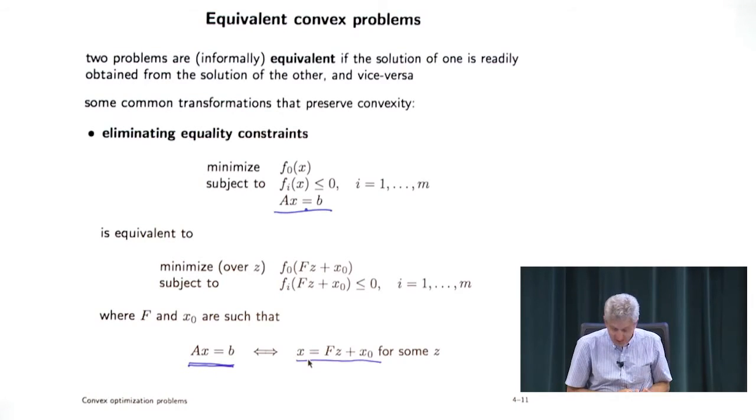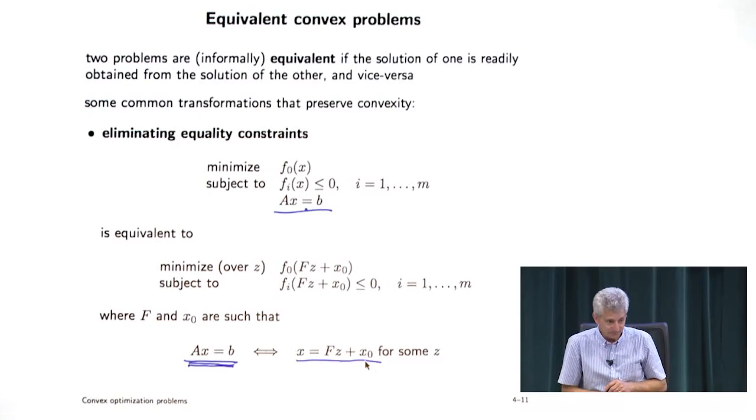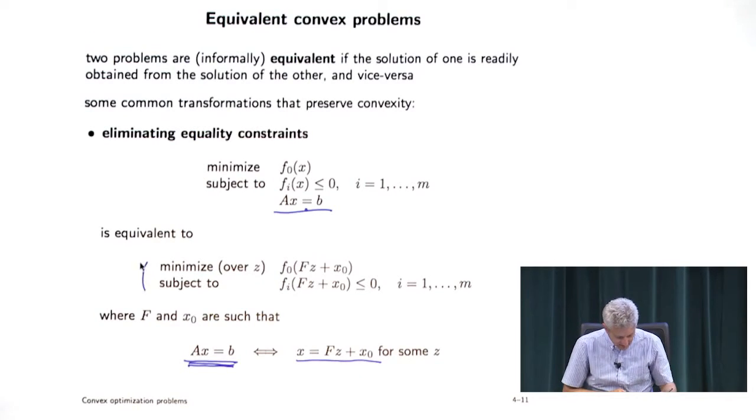Anyway, that says that a general vector x satisfies Ax equals b if and only if there exists a z so that x is Fz plus x0. Okay? I back substitute that, and my new problem looks like this here. And here we make a couple of comments.